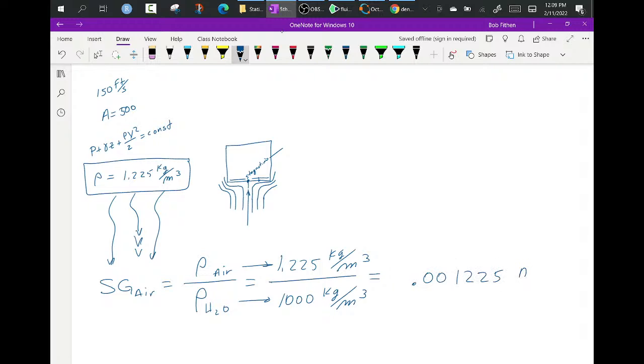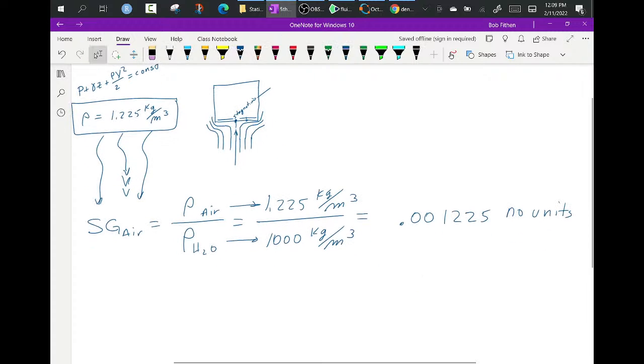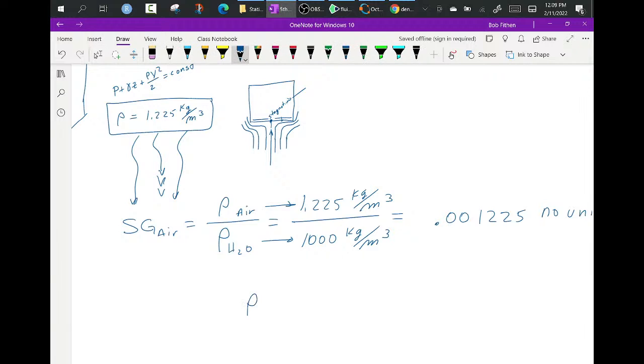And that has no units. So now, if I want to know the rho of air over rho of H2O, you just take the specific gravity, multiply it times the rho of H2O.